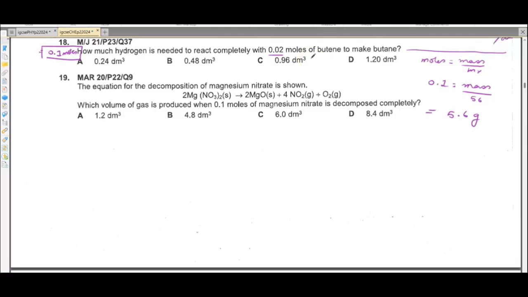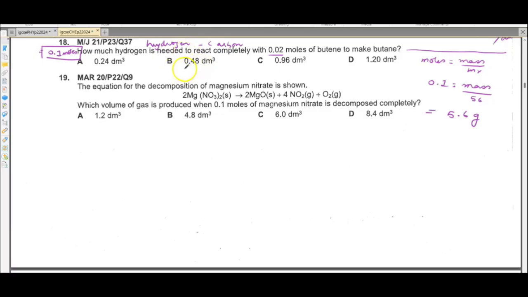We are just given. What you need to know about this is a little bit: butene and butane are hydrocarbons and they contain two elements, hydrogen and carbon. So this you should know at this level.